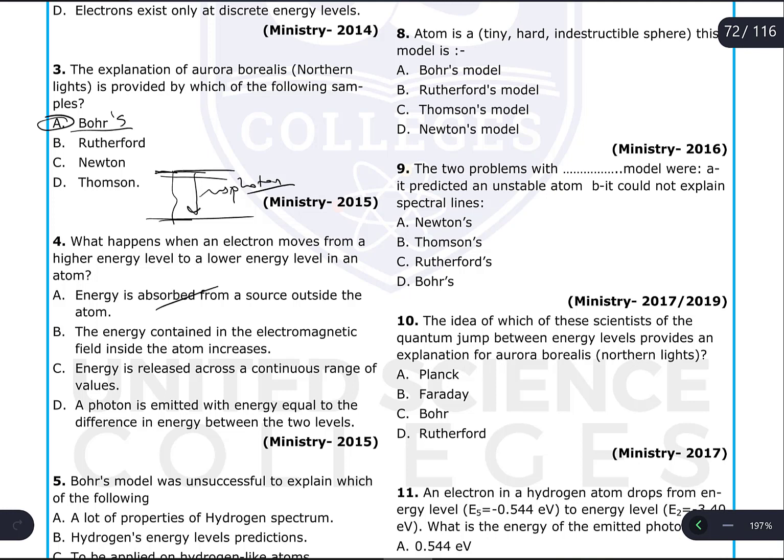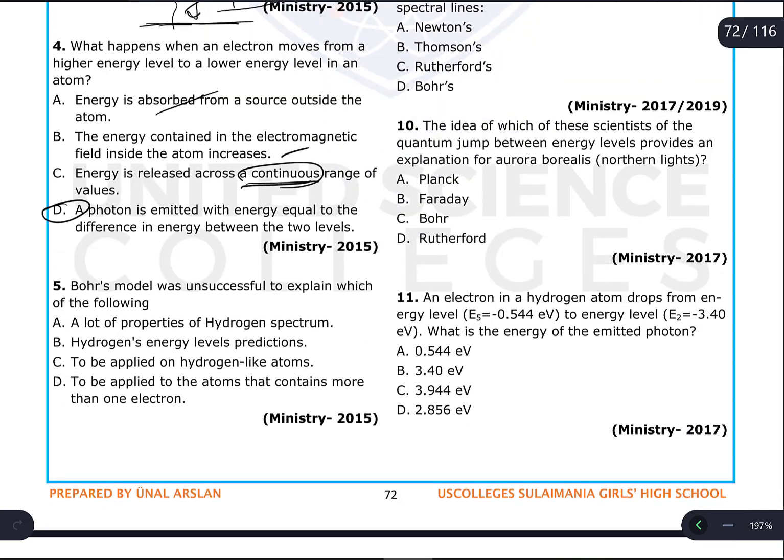If it were, the electron must move from a lower energy level to a higher one. Energy contained in the electromagnetic field inside an atom increases. Not this one. Energy is released across a continuous range of values. Not continuous, because the jump is done between certain energy levels. A photon is emitted with an energy equal to the difference in energy between the two levels. This is the correct answer. So the difference between the energy levels is the energy of the photon.